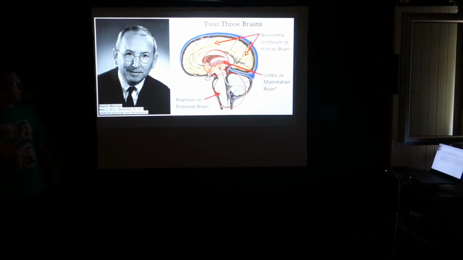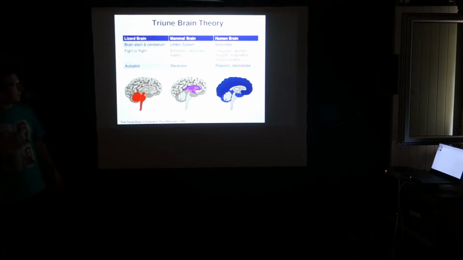But just to say that it's an approximation, so it's not like reptilians don't have also kind of that neocortex part. They're just not well developed there. It's just for them the lizard brain is mainly this brainstem thing, the cerebellum and the brainstem.